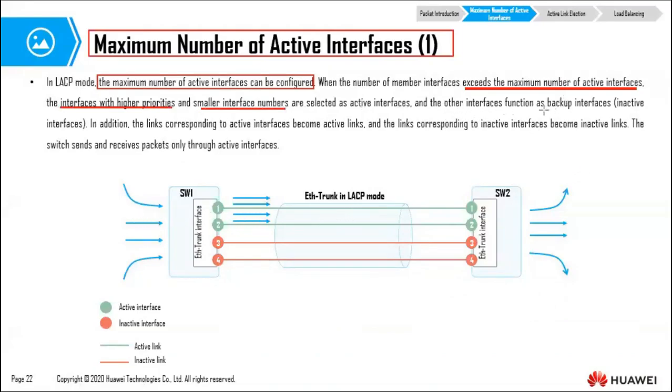So the others will function as backup interfaces or inactive interfaces or unselected interfaces. In addition, links corresponding to active interfaces become active links, and the links corresponding to inactive interfaces become inactive links. So the switch sends and receives packets only through what? Active interfaces.